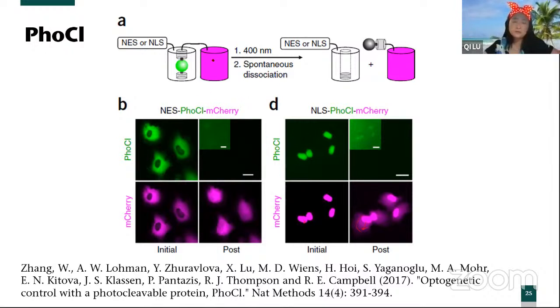Before, it can be trapped by these protein structures, but after shedding the light, it can induce a translocation of the proteins because the chemical bond is broken, and that's the PhoCl system.